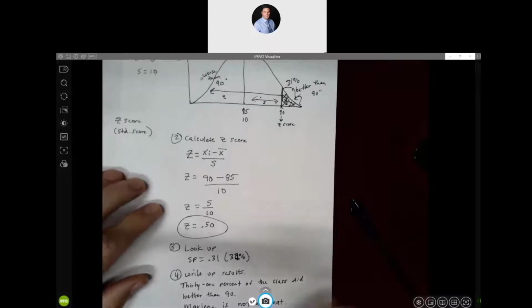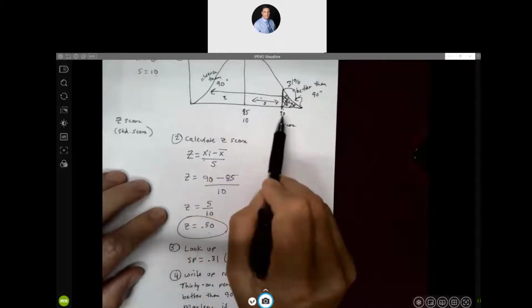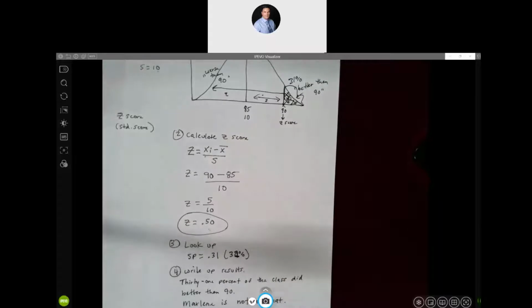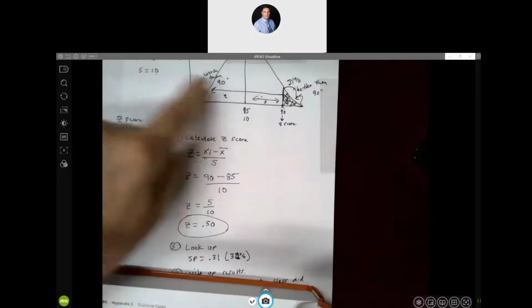Well, that's easy. We could look up the large portion, right? We could look up what this entire portion is. So what do we call that portion, Daryl? Smaller portion. No, this portion here.